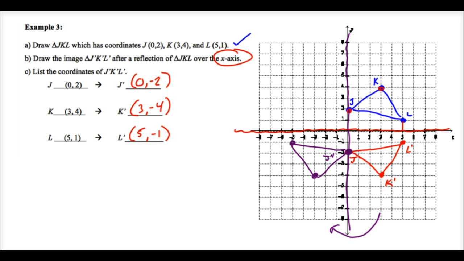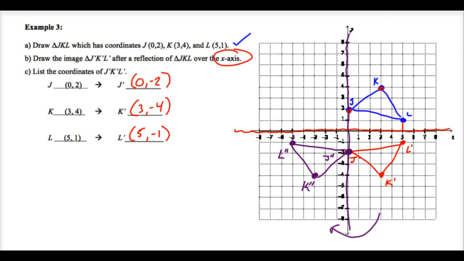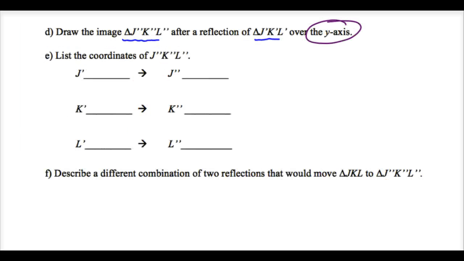Now we've got J double prime, K double prime, and L double prime, meaning that there were 2 transformations placed onto it. Let's go ahead and jot these coordinates down here.